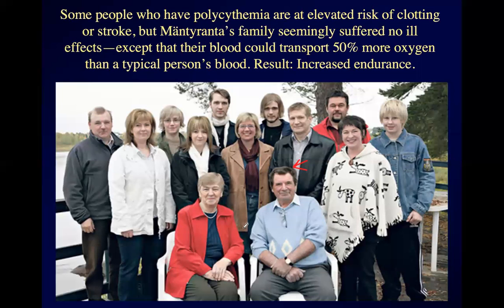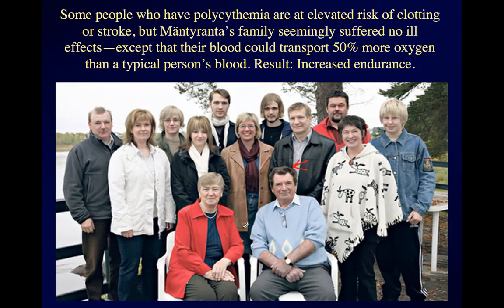The only difference was their blood could transport 50% more oxygen than a typical person's blood, with the result that people that inherited this gene had incredible endurance. So that's a case of a mutation. It happened at least 5 generations before Montiranta.